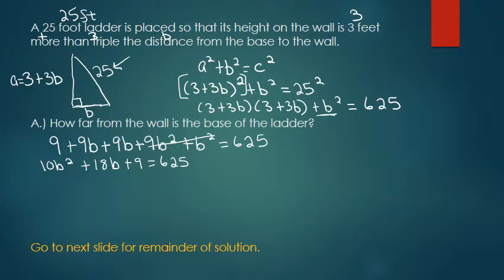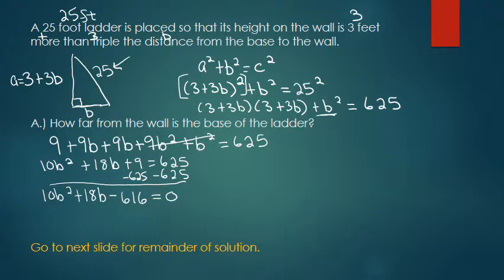Notice it's a quadratic because I have a b squared. So I need to get this equal to 0. So I subtract 625 from both sides, and I get 10b squared plus 18b minus 616 equals 0.